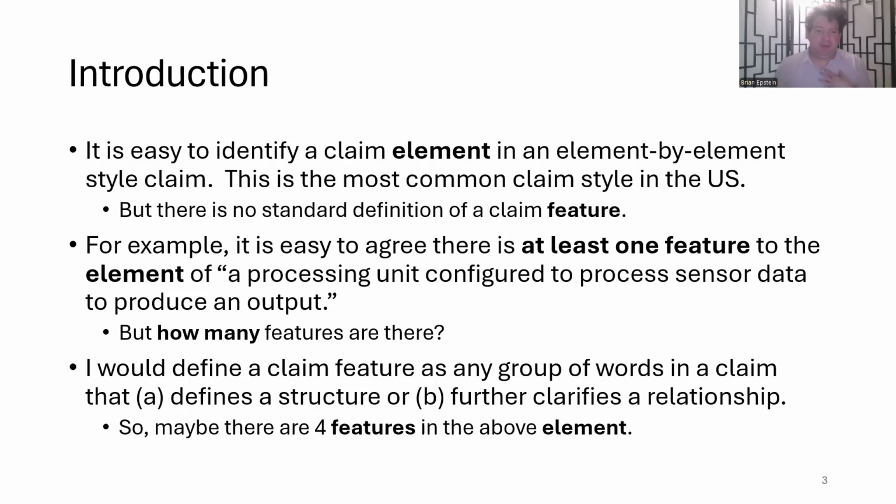In my view, a claim feature is any group of words in a claim that defines a structure or further clarifies a relationship. And so maybe there are four features in the above element. For example, there's a processing unit. There's a processing unit configured to process sensor data.